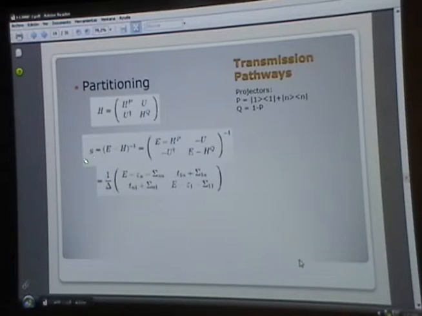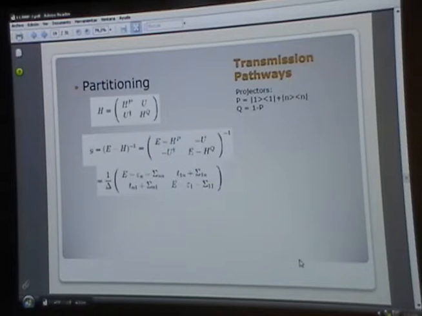So the problem is to get this Green function, and using this partitioning, one can write a matrix equation like this, where we have here the energies of the system and these new quantities which are called self-energies. And these self-energies describe the influence of the Q part on the P part. So the self-energy describes the influence of the sites which are not connected to the leads on the pair of sites connected to the leads.